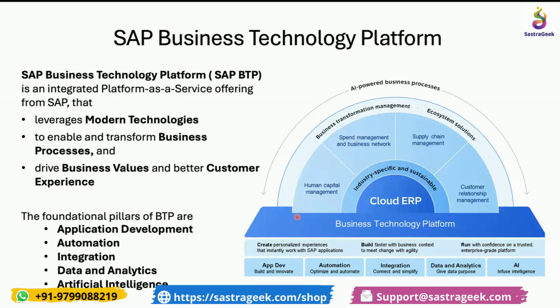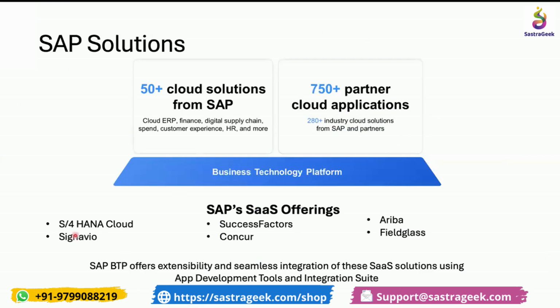On top of BTP, we still have the traditional lines of business: HCM, logistics, CX. But we also have software as a service: Concur, SuccessFactors, Ariba, Fieldglass, Signavio.